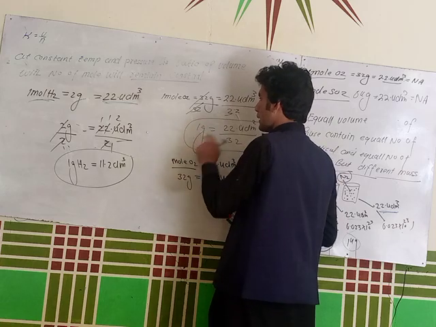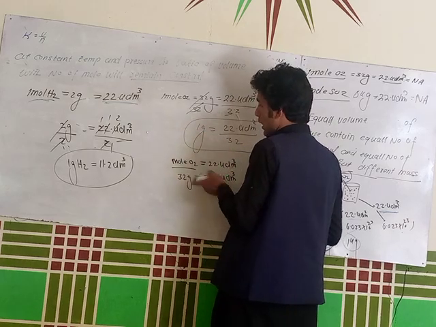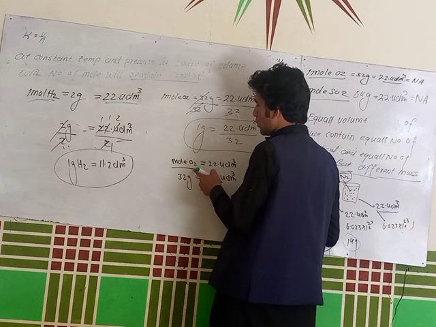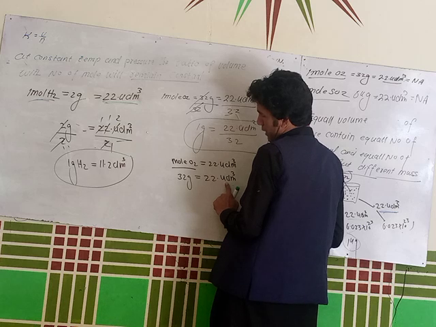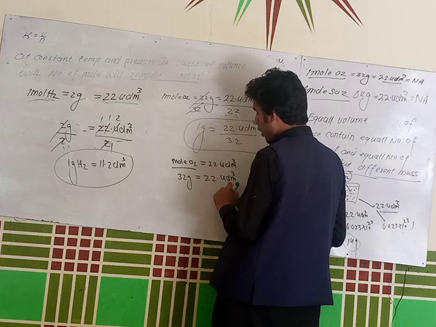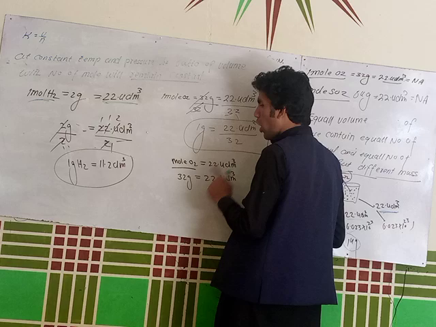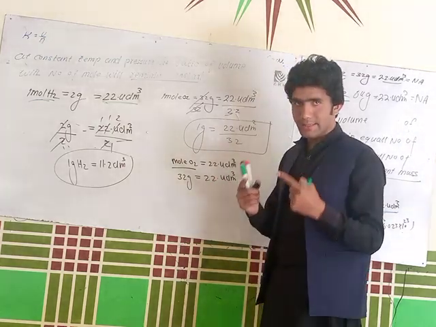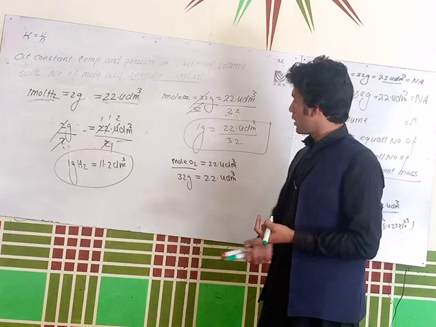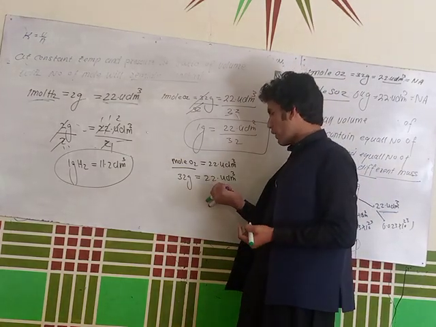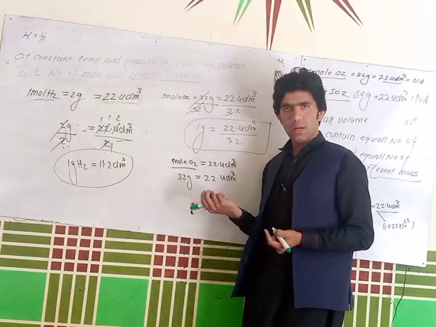If you want to calculate the grams, this formula will be used. If someone asks you, if 32 grams occupy 22.4 decimeter cube, how many grams of oxygen will be contained in a single decimeter cube? Students, in 22.4 decimeter cube, there are 32 grams of oxygen.